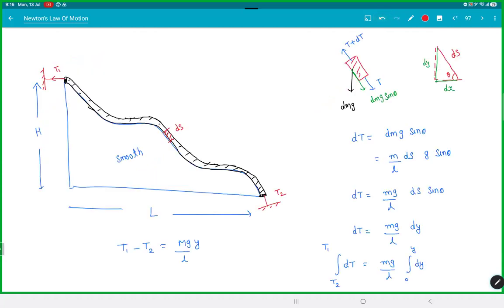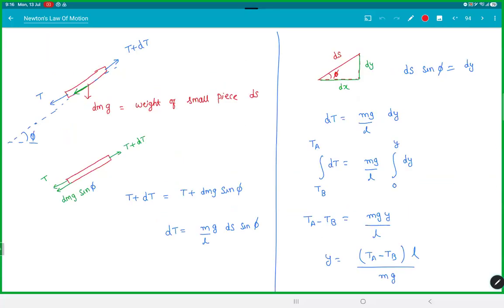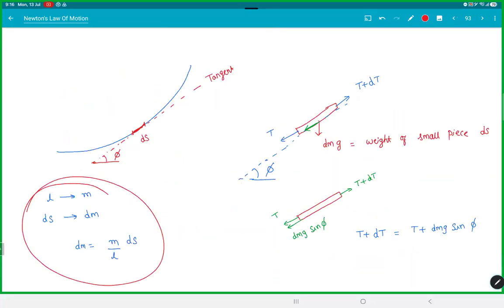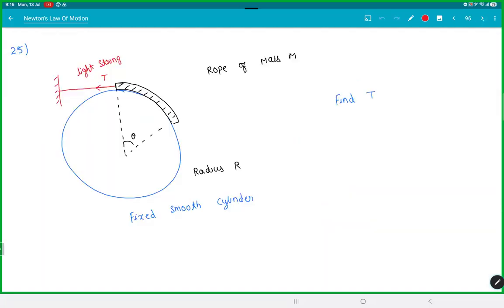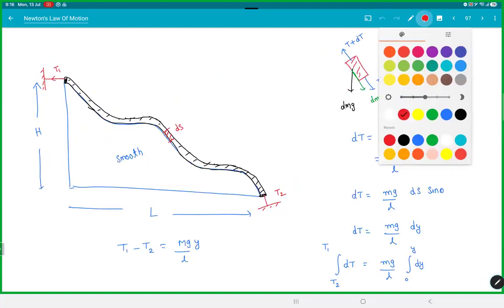How did I get mg by L? Forget the unitary method here. If the total length L has mass m, then small length ds will have small mass dm. Right, Karthik? Meaning m is the total mass of the rope.